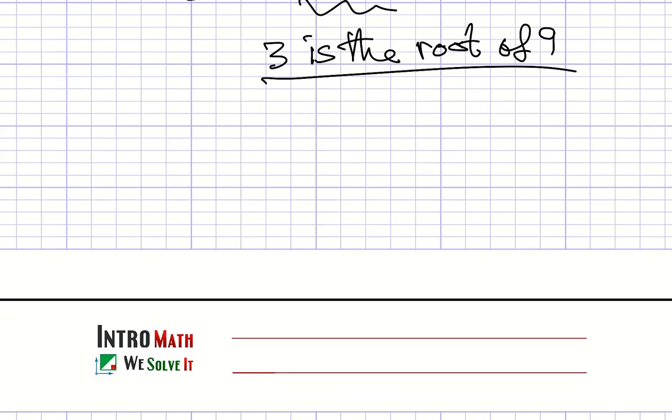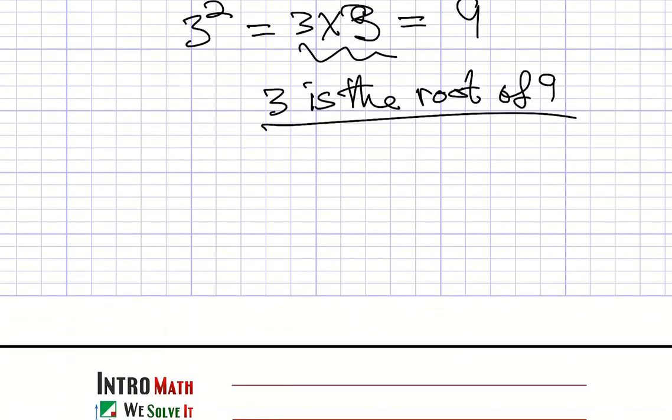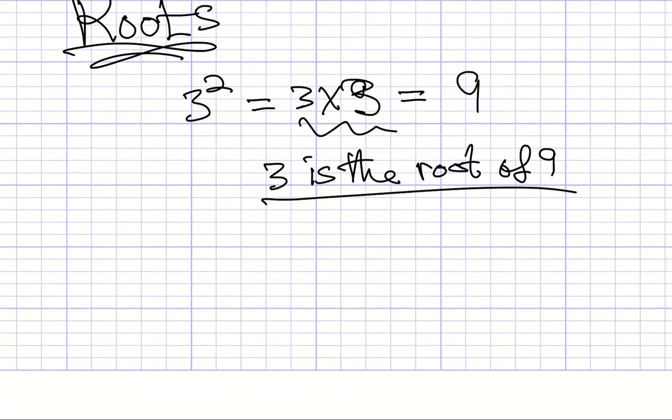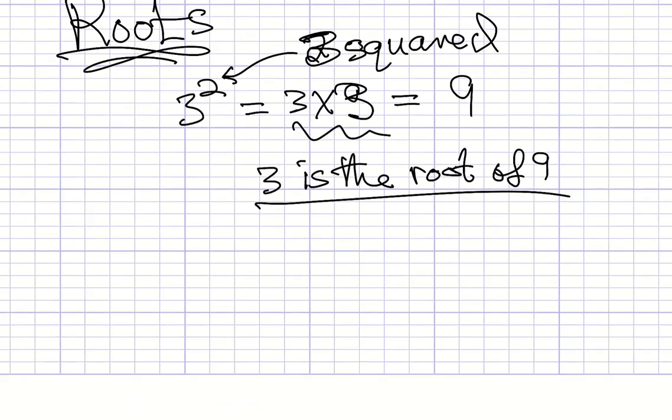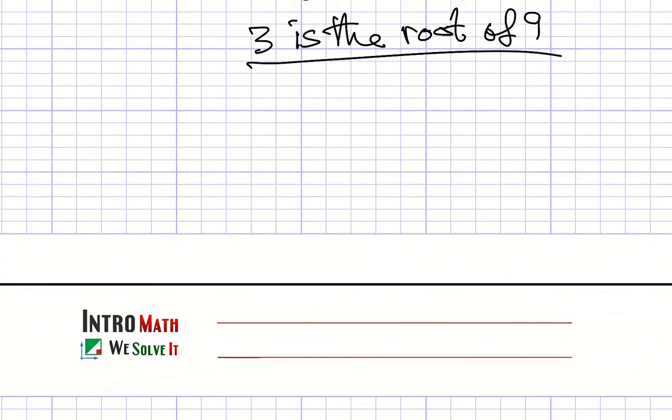We can also have what they call a cube. If you raise something to the second power, it's called squared. That means 3 squared, right? But we can also have a cube.